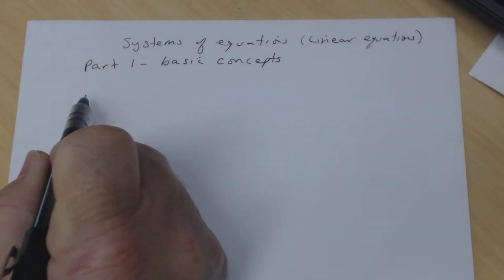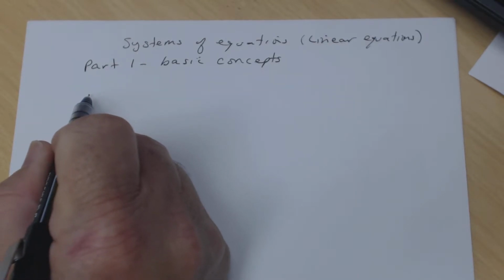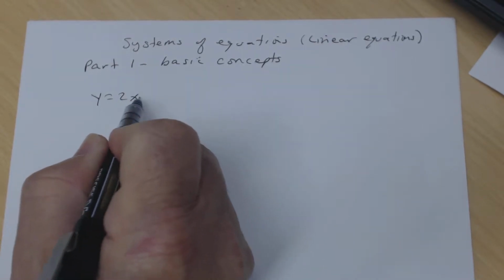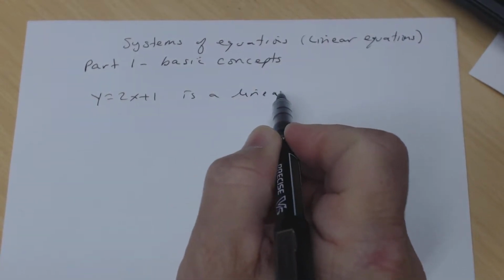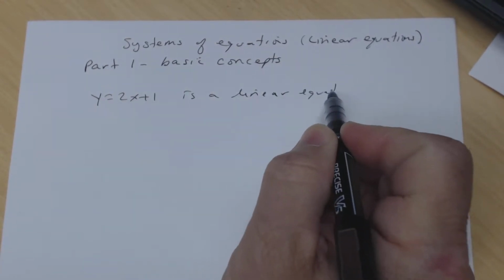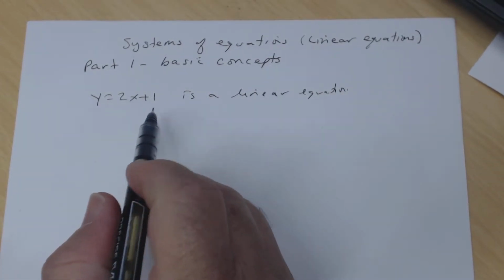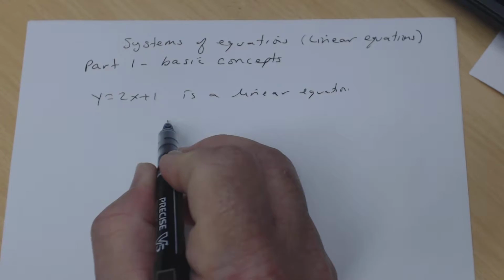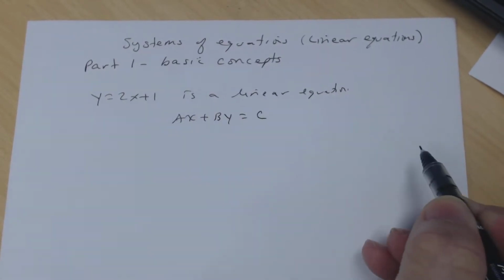So in previous courses, you learned that y equals 2x plus 1 is a linear equation. A linear equation is an equation that can be written in the form ax plus by equals c.